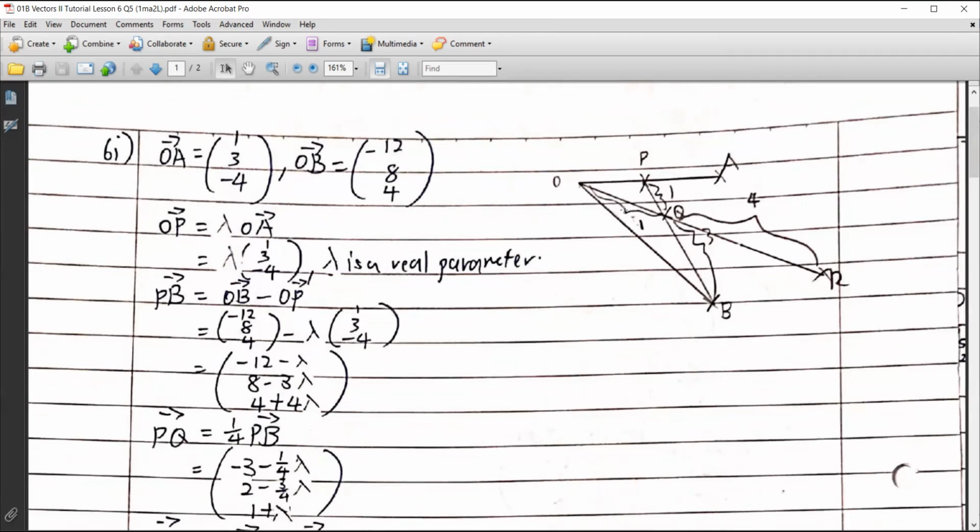Of course, the caveat is that when you use the ratio theorem, you need to be very careful about the ratios. I may not write explicitly as a ratio in the form like PQ colon QB equals 1:3. That one is direct information.